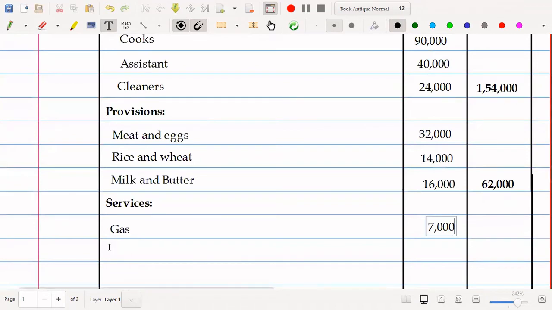And next electricity. Electricity amount given is 4,000. So what will be the total of these two? 7,000 plus 4,000, it is 11,000. So this is one more head. We did it now.